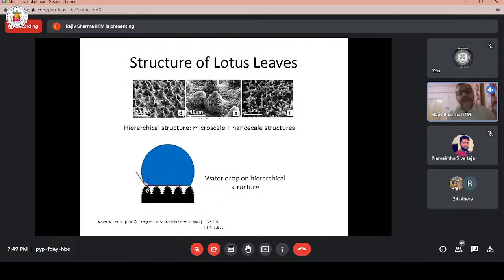And at a certain angle, they really don't allow the droplet or the drop to sit on a structure which is flat. So this is giving rise to what we call hydrophobic behavior of lotus leaves.